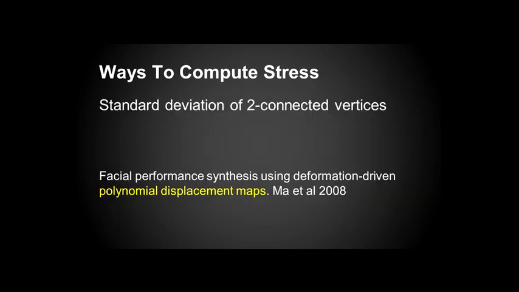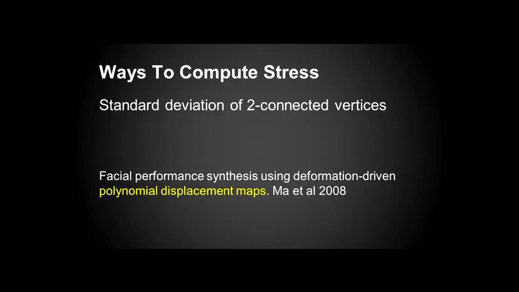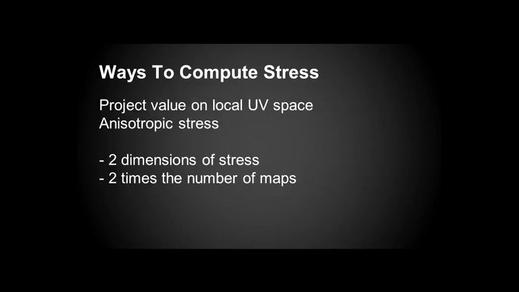A different way to do this, and perhaps a more stable and smooth way to do it, is the standard deviation of the position of two levels of connected vertices. This is what's done in the polynomial displacement map paper. But on the runtime part that we are going to show for Digital Ira, we used the edge length approach.